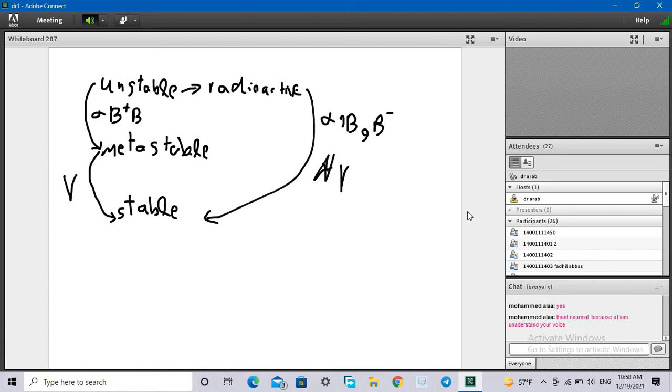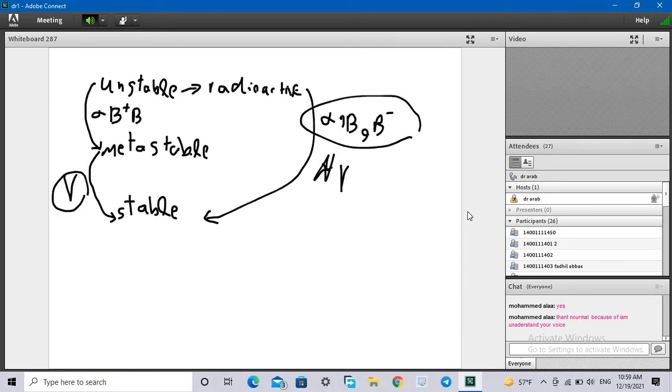The main point is that gamma radiation can occur in two situations. Immediately after the main decay, as you can see by this reaction, and sometimes the daughter radionuclide first goes to the metastable state and is left there, and in the metastable state the only emission that occurs to return to the stable state is gamma radiation.